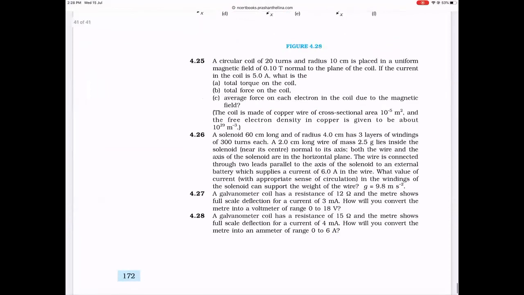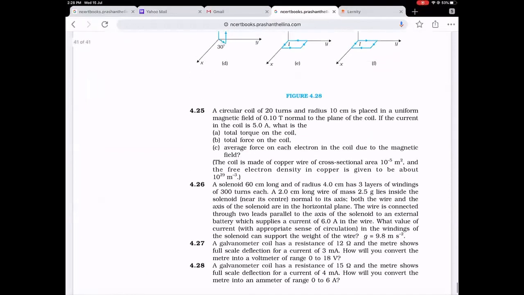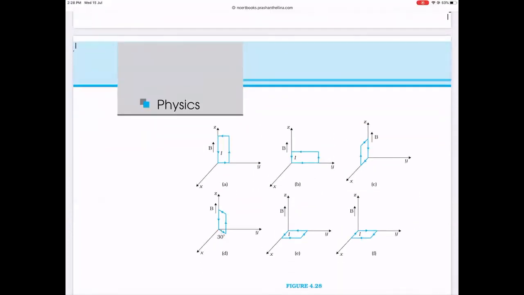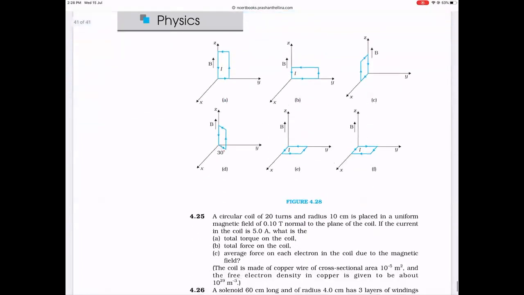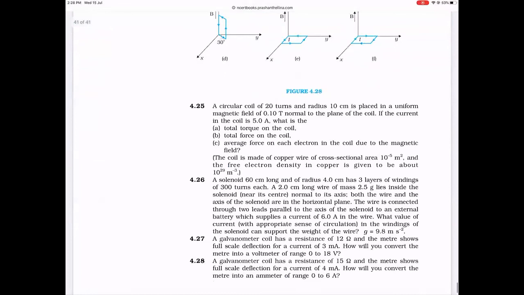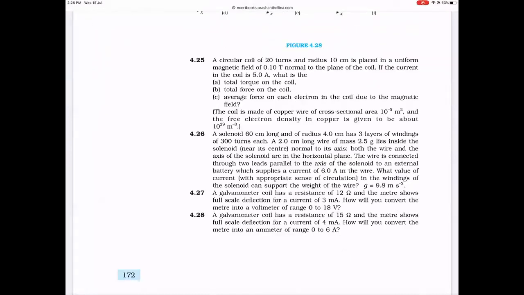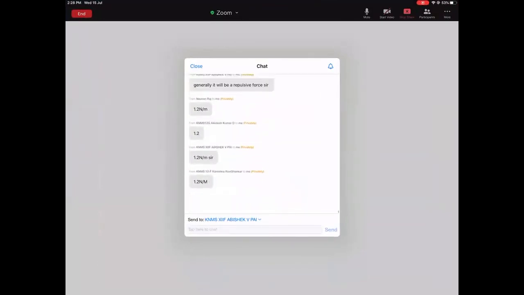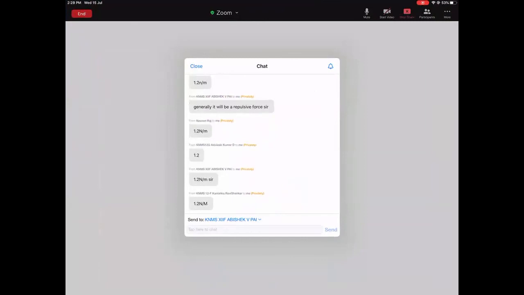Please work out 27 and 28. Finish those two, then I'll do them.